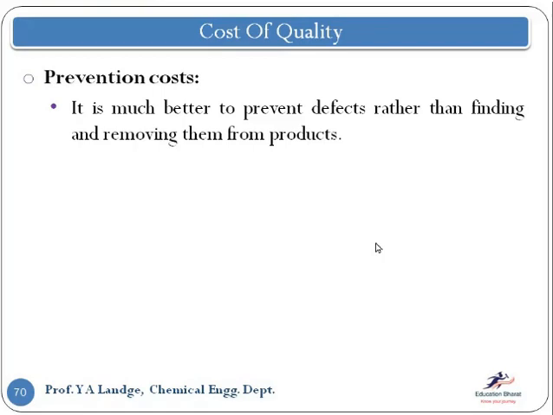Now just find out the people who give you a defective product in your process, because we need to prevent this part. We need to prevent the defective pieces that you get from the process.